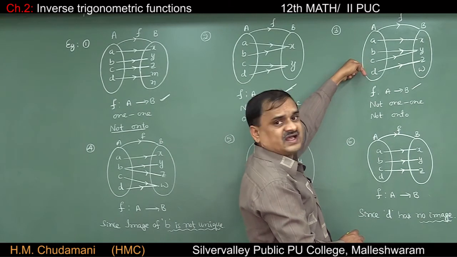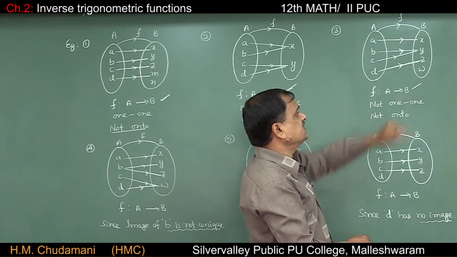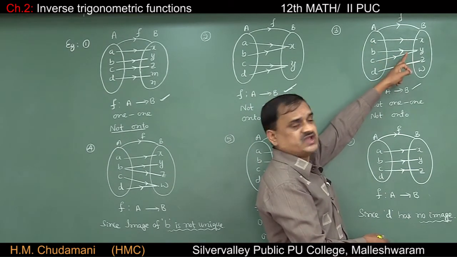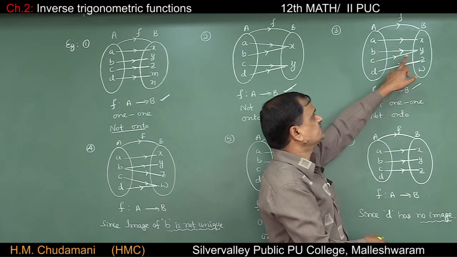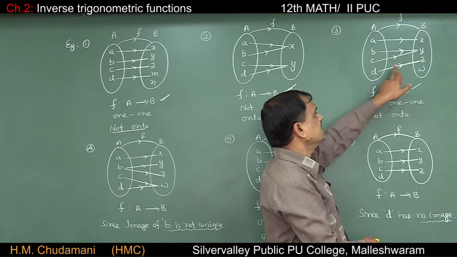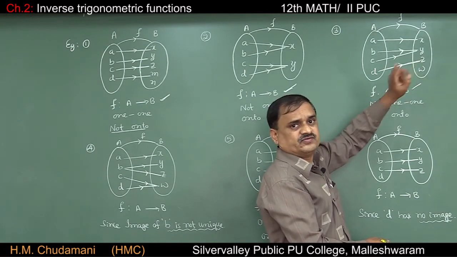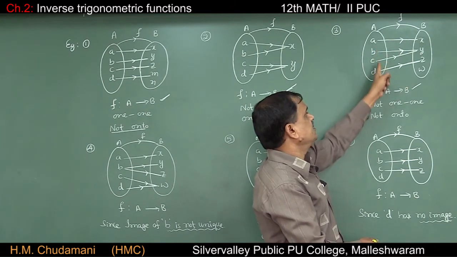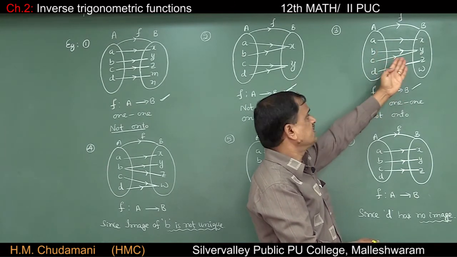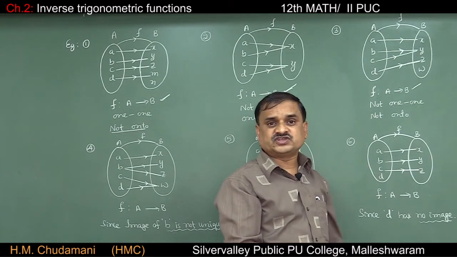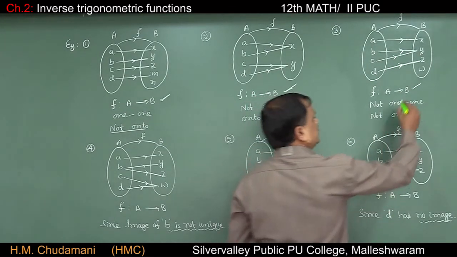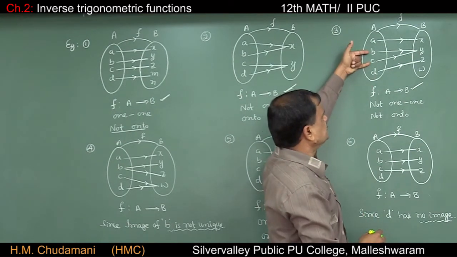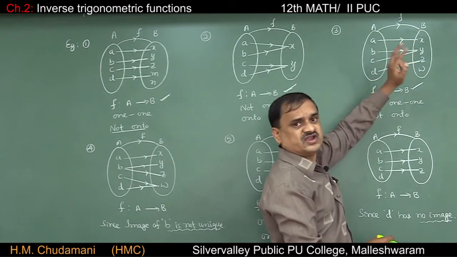Take example 3. The set A has a, b, c, d, B has x, y, z, w. a is associated to x, b and c are associated to y, d is associated to z. First of all, this is a function, isn't it? Every element of the set A is associated to a unique element of the set B. That's why it is a function. It is not one-one because b and c are both associated to y.